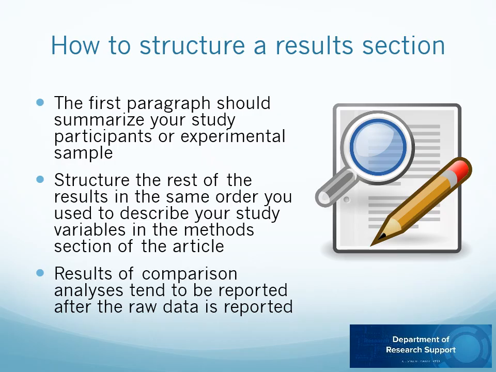In general, all raw data outcomes for your study variables are reported before comparison analyses of those outcomes. Readers need to know what the raw data results were to better understand and evaluate the comparisons of those results.